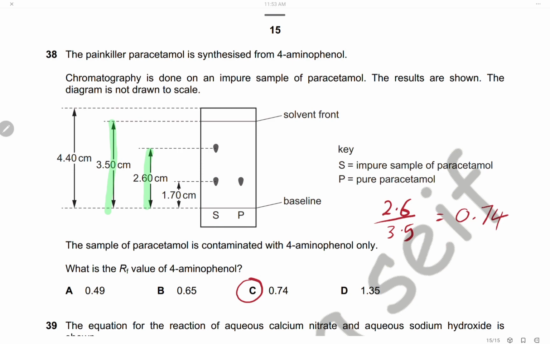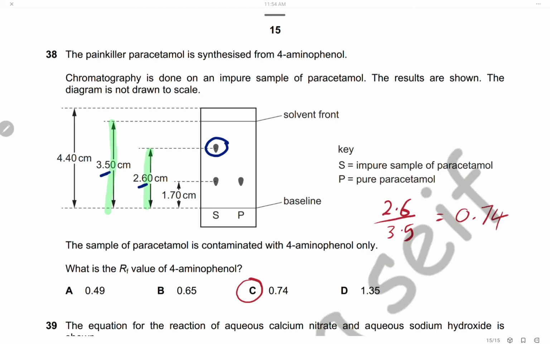So we will measure the Rf value of the spot that contains 4-aminophenol, which is this spot. The distance moved by the spot from the baseline is 2.6 centimeters, and the distance moved by the solvent, from the baseline to the solvent front, is 3.5 centimeters.